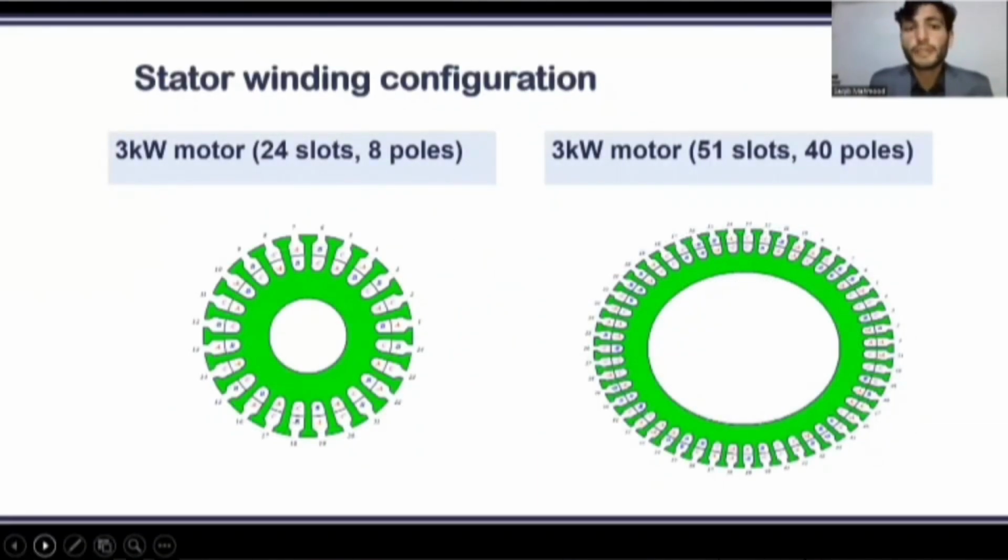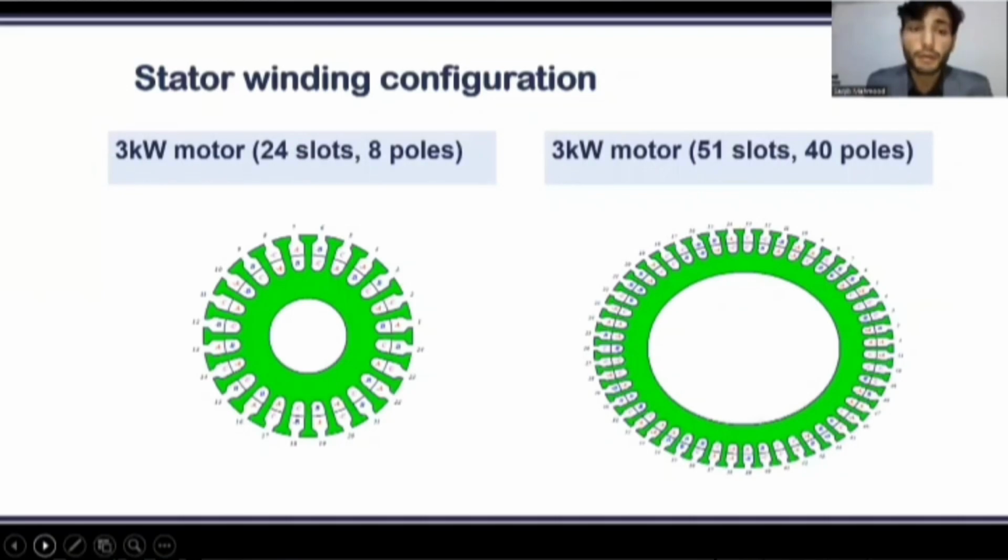After that, the ANSYS Maxwell software gave us the stator winding configuration for all the models. For the 3 kilowatt, 24 slot 8 pole model, it gave us a two-layer concentrated winding arrangement. For concentrated winding, the slots per pole per phase ratio must be less than 1.